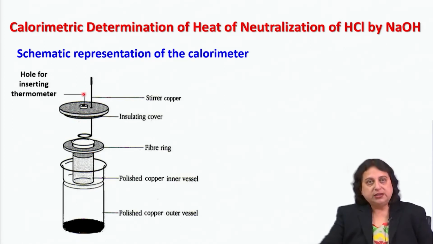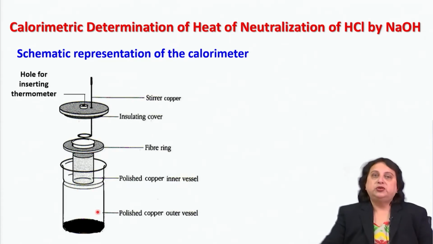So, when you lower this entire setup inside this bigger compartment, if I am adding some solution to the inner vessel, I can stir that solution with the copper stirrer. Now, look at the top insulation cover. I have here a hole for inserting the thermometer.